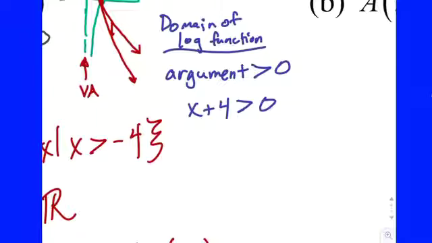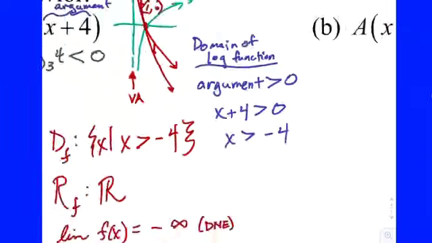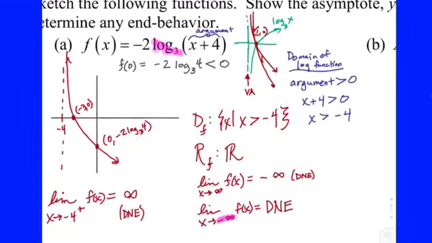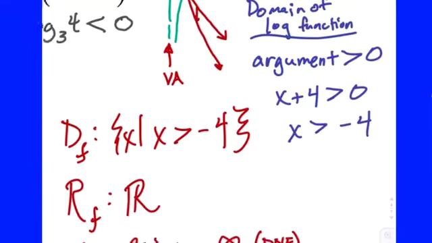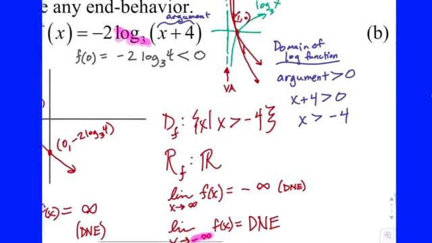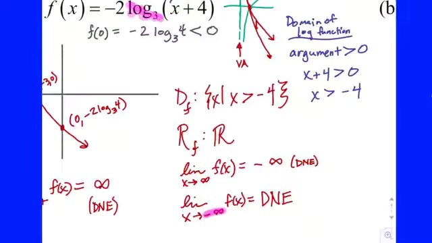So if we solve it algebraically, we get x is greater than -4. Is that what we got from our graph? It is, right? So, boy, that's nice when the two answers jibe, right? When they're the same.